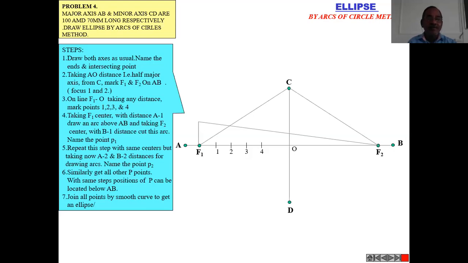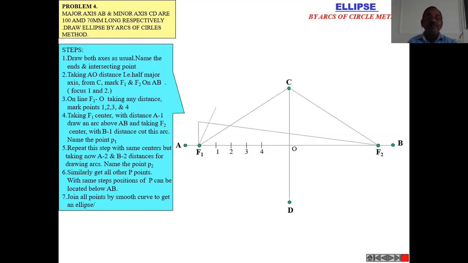When you draw arcs, they are intersecting each other at one point. That means what? A1 plus B1 is equal to AB. That is, the definition is followed. It is being satisfied. Therefore, F1 as center, A1 as radius, draw an arc. F2 as center, B1 as radius, draw another arc to cut the previous one.